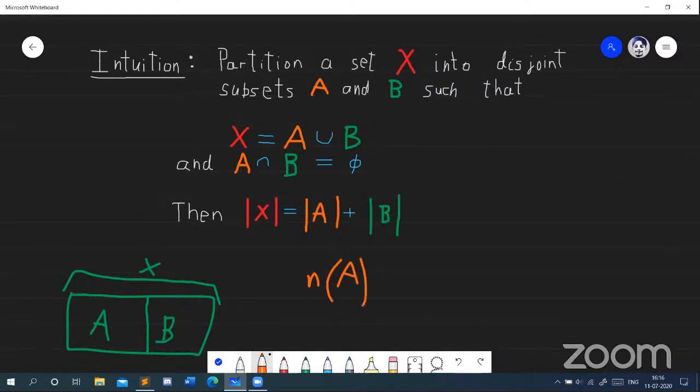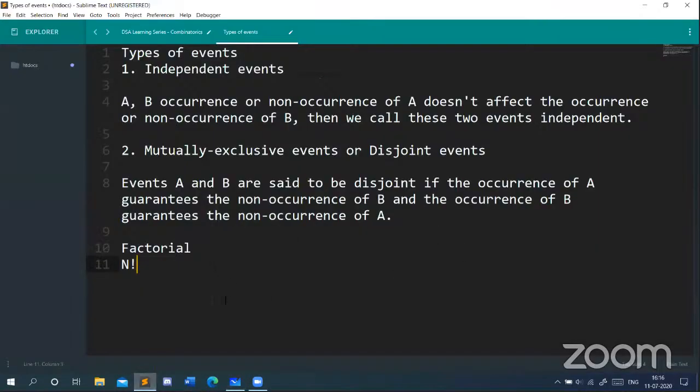Yeah. Great. So coming back to factorials, we define factorial in the following way: n factorial is 1 times 2 times 3 and so on, all the way up to n.